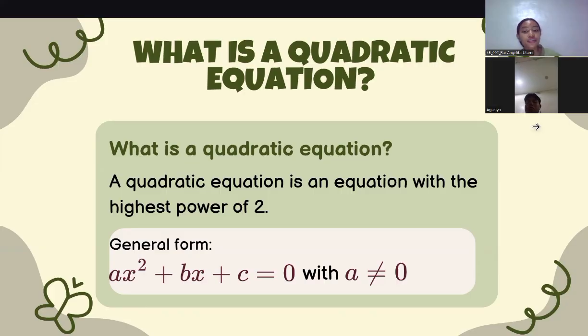It is very important that a is not equal to 0. If a equals 0, then the term x squared disappears and the equation is no longer a quadratic equation.